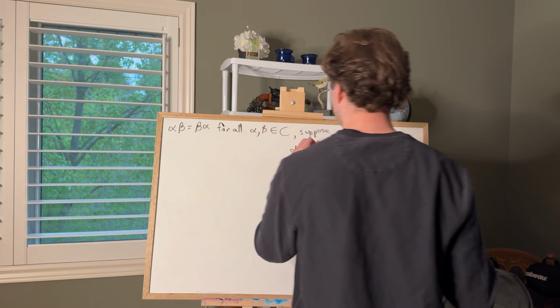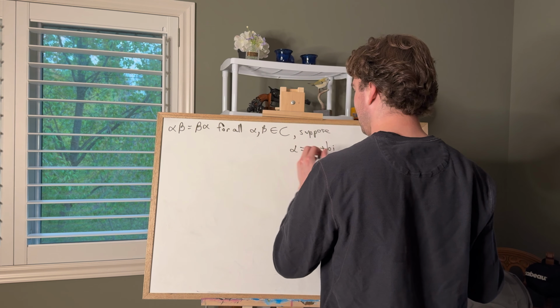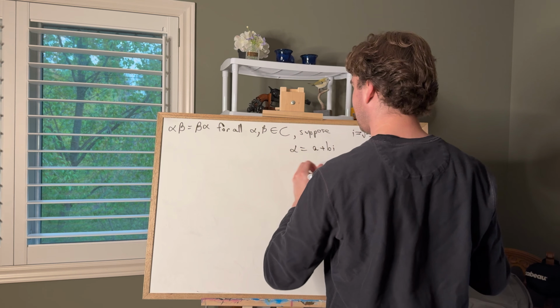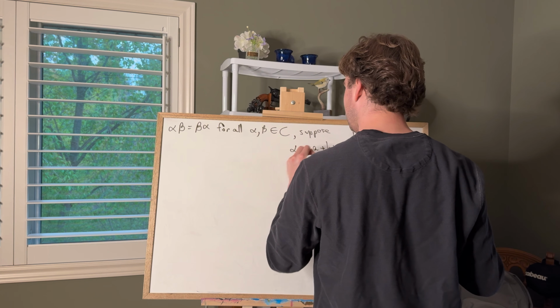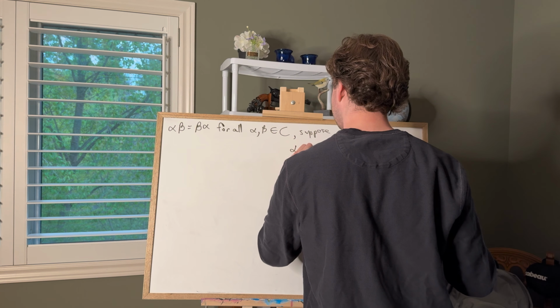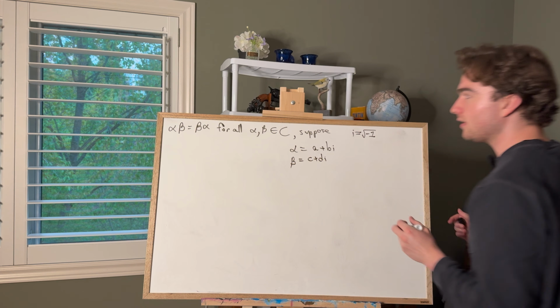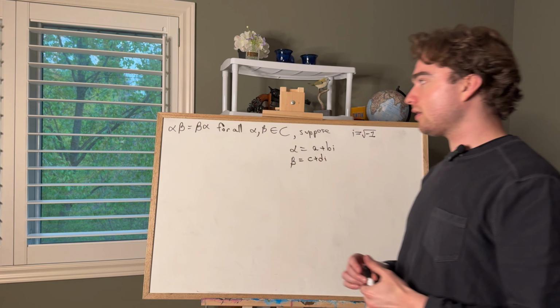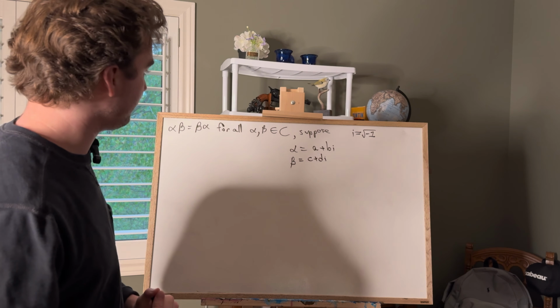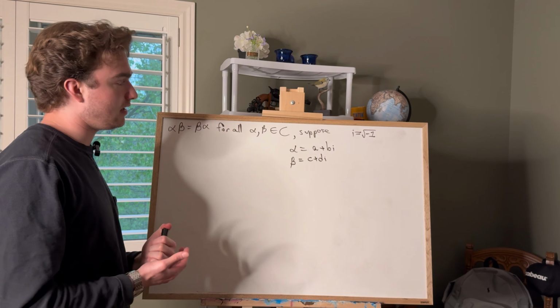Suppose that alpha equals a plus bi, where i equals the square root of -1, and suppose beta equals c plus di. Okay, so prove that alpha beta equals beta alpha for all alpha, beta in C.